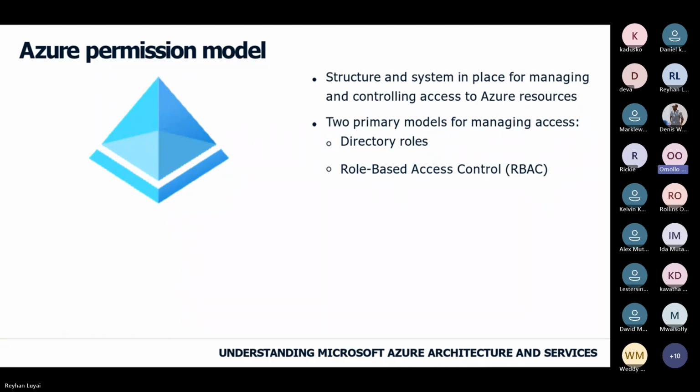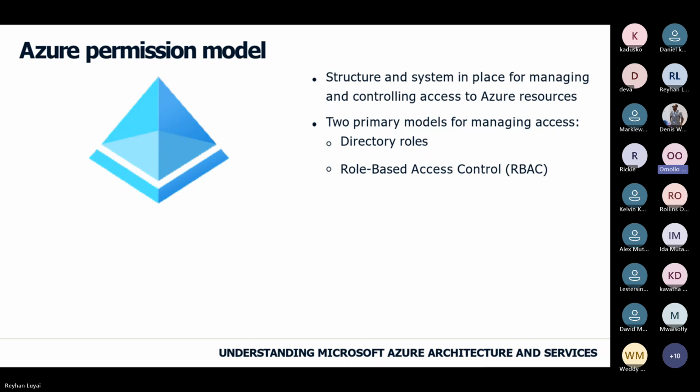Now let's look at the Azure permission model. We're going to look at the structure and system in place for managing and controlling access to Azure resources. We're going to look at two primary models for managing access. One is directory roles, which is what Naya demoed.